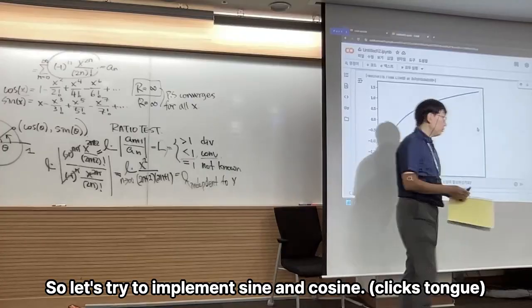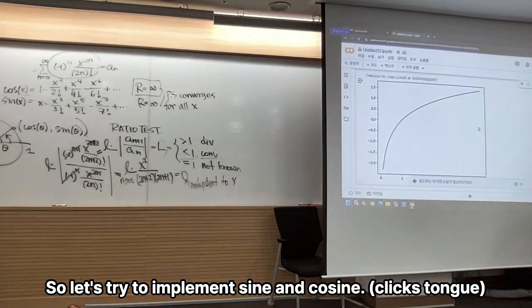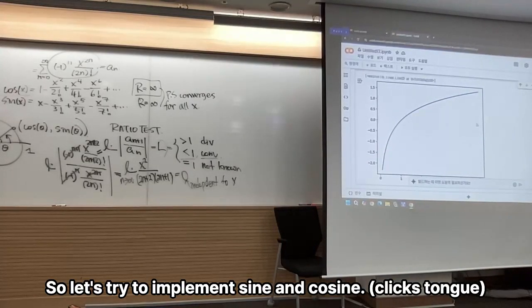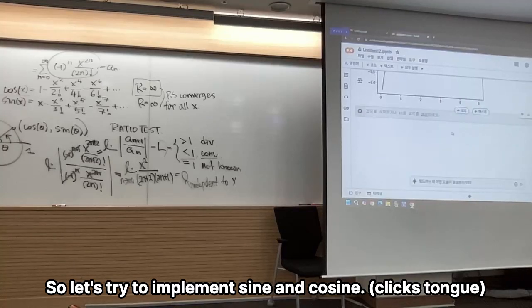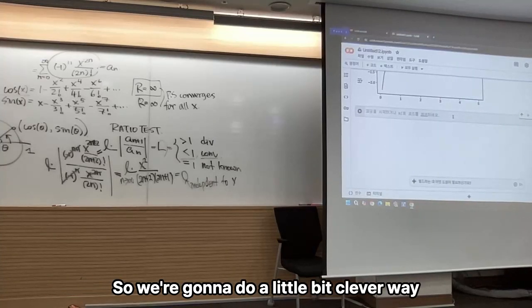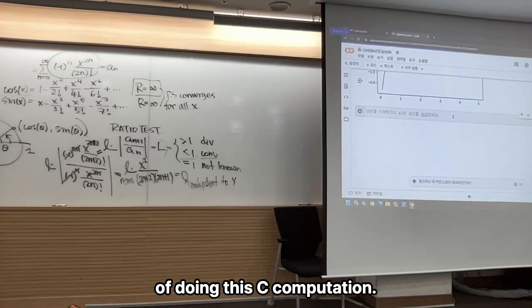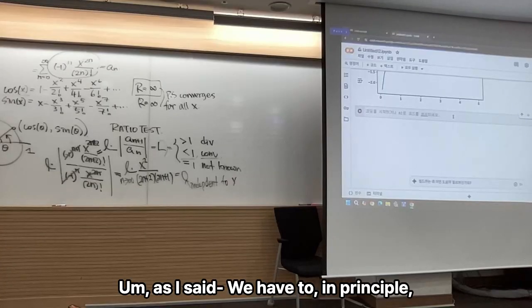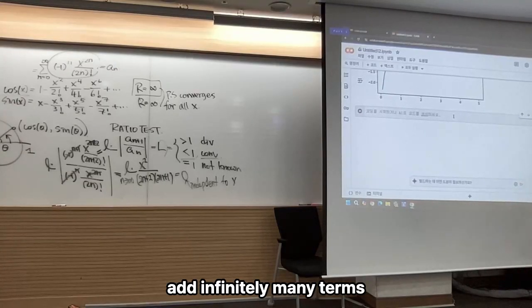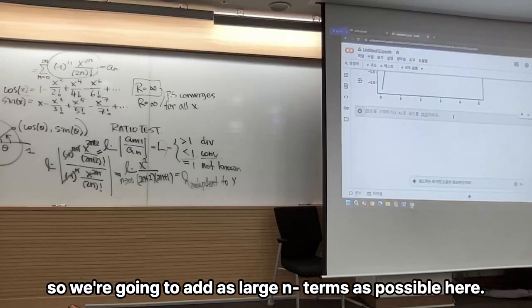So let's try to implement sine and cosine. We're going to do a little bit clever way of doing this computation. As I said, in principle we have to add infinitely many terms, but it's impossible. So we're going to add as many terms as possible here.